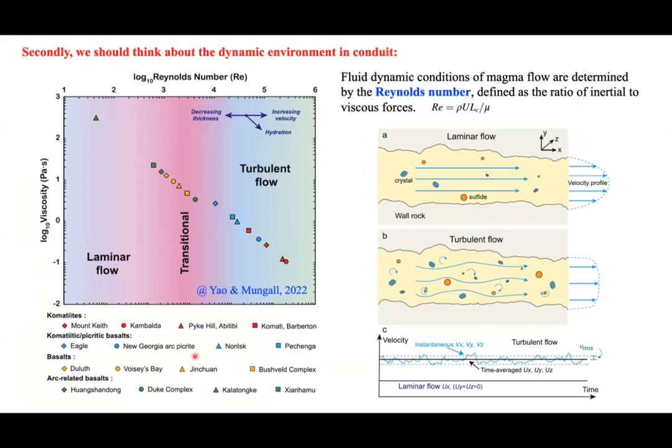Here, I collected maybe 16 parent magmas from different deposits and calculated their Reynolds numbers. We can find that the basalts and also the arc-related basalts mostly fall in the region of laminar flow.